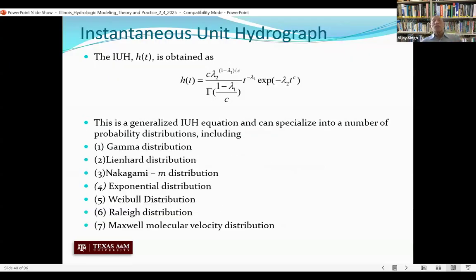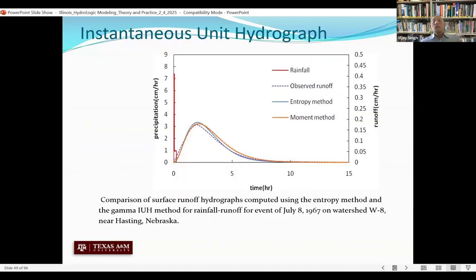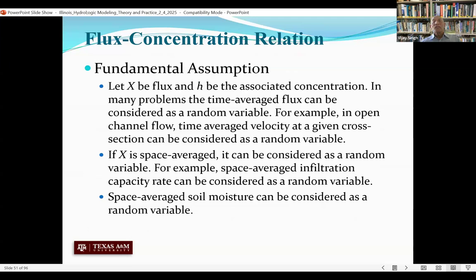Doing a little bit of algebra, you get a very generalized IUH expression, which specializes into the gamma distribution, linear distribution, Nakagami distribution, exponential, Weibull, Rayleigh, and Maxwell. The gamma distribution is frequently called the Nash model. You can do that without doing any fitting; this is just an illustration.